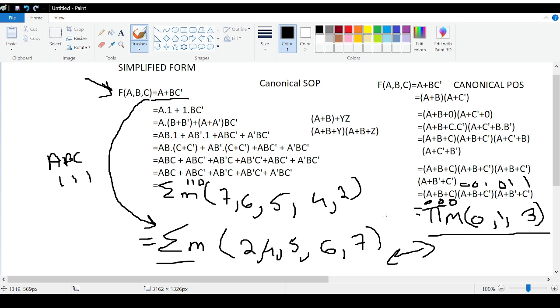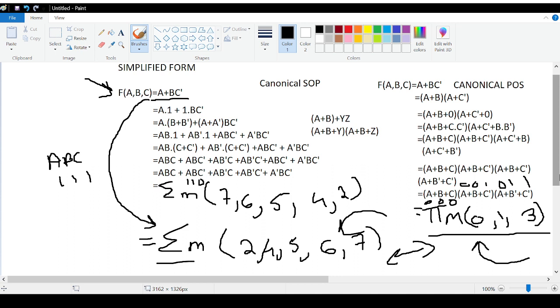So if you just find SOP, you can very easily find what your max terms are, because the terms that are missing here will be the max terms in your standard POS. And vice versa, if you have your POS and I ask you for the SOP, it will be the missing terms in your POS.